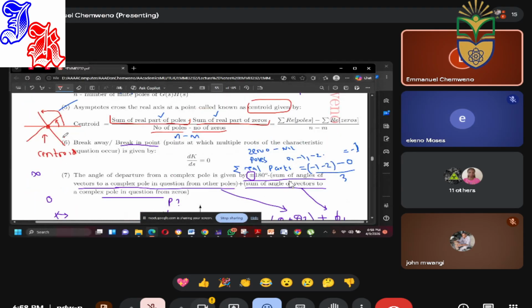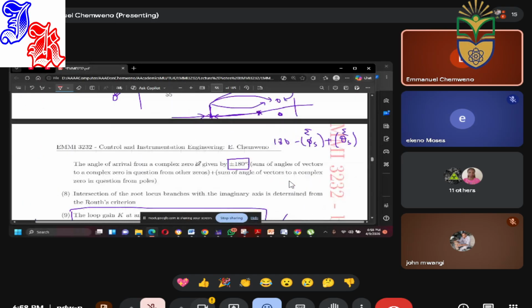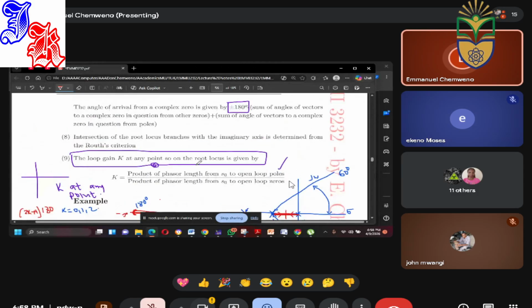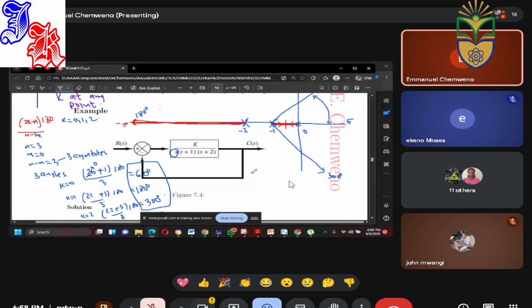Rule number 6, breakaway point. dk over ds is equal to 0. So let's write our k over s squared plus 3s plus 2.